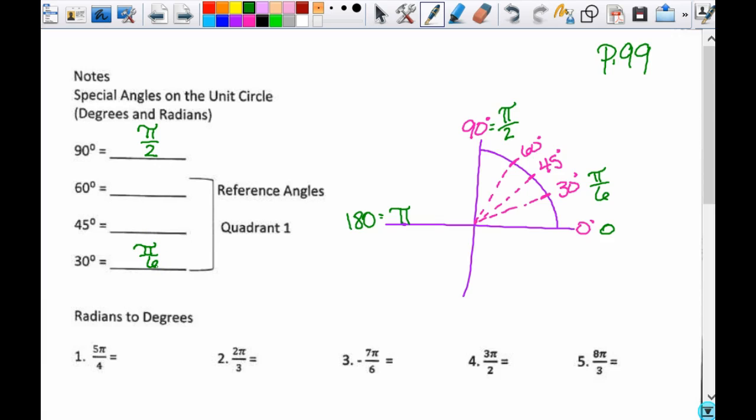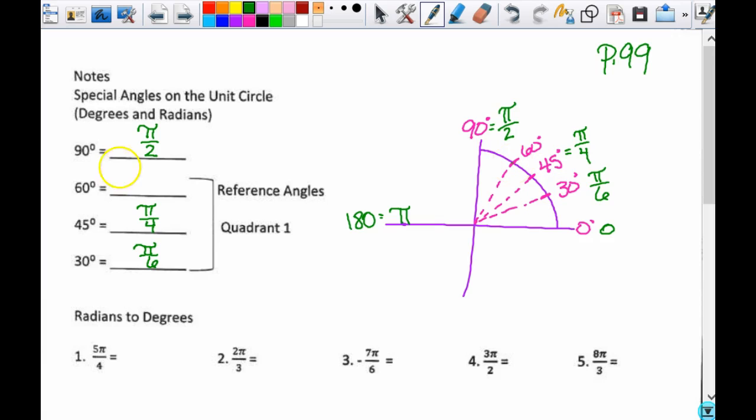And then 45 is how far? Halfway. So half of pi halves is pi fourths. Right? If you can get at least those down, the rest is a piece of cake. Because, yeah, 60, you can figure out how far 60 is from 90, and that's not complicated. But if you know that 30 is pi sixths, isn't this just another 30?